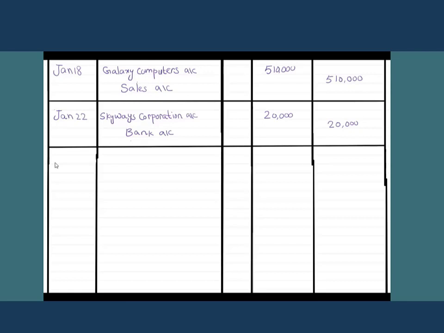So the journal entry would be January 25, cash account is debited by 504,900. Discount allowed is debited by 5,100, and Galaxy Computers account is credited by 510,000.